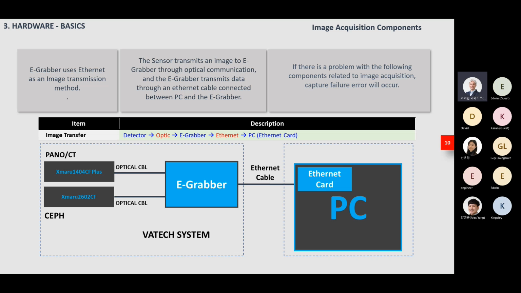Whenever there is an image acquisition, the image is transmitted from the device to the PC using the same cables. So if you have any problems with the image acquisition or capture failure, you will need to check these cable connections and if there are any problems with these cables.